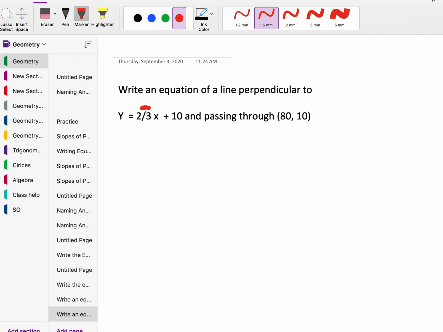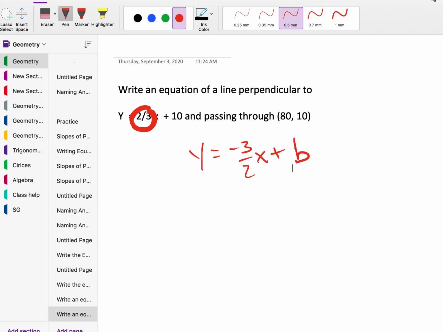So I looked at this and changed it to y equals -3/2 x plus b. So what you do in your homework problem is you look at the slope and you write out a y, you write out the x, you write out the b, and you simply put in the new number there. That's your first step, your slope.